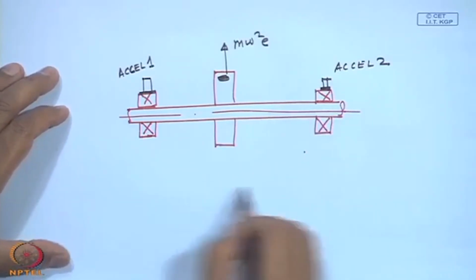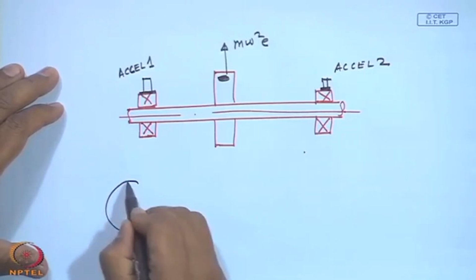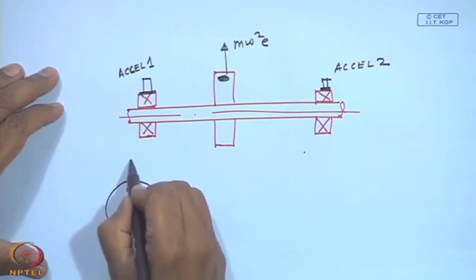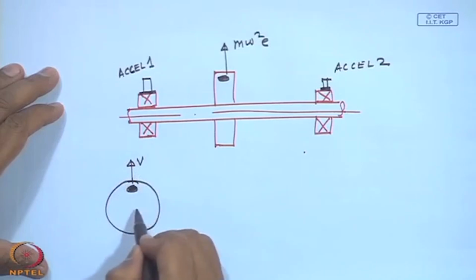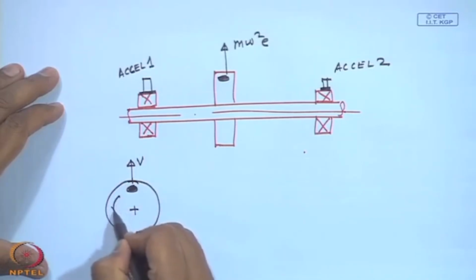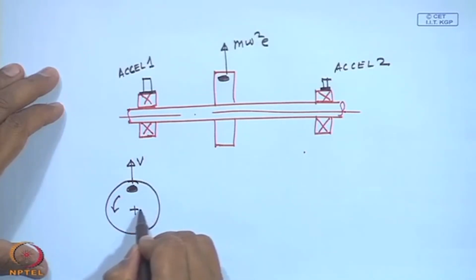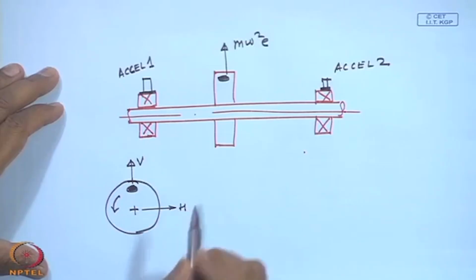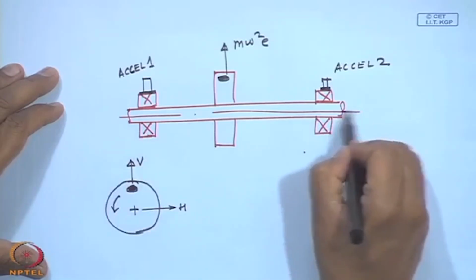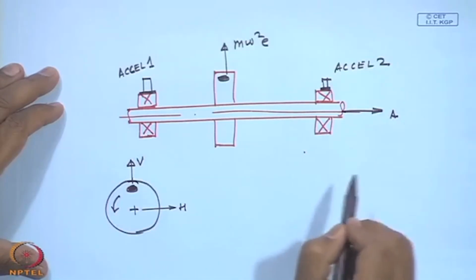Now, of course, if you look in from the side, the rotor will look something like this. This is my vertical direction, this is my horizontal direction, and of course, this is my axial direction.